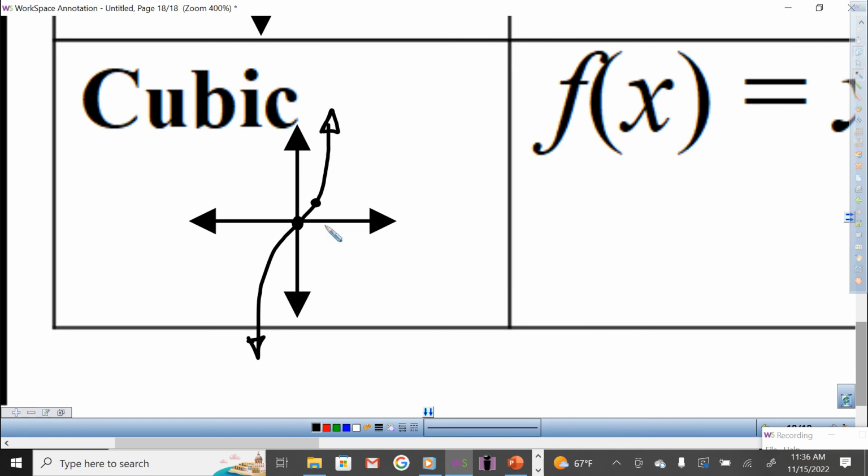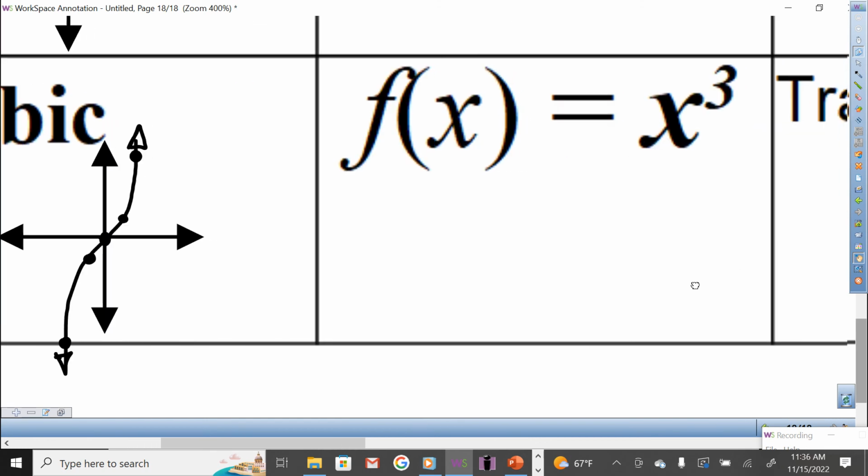How do we get this curve all the way up here? Well, this is 0, 0, 1, 1. Check this out. 2, 8. Because 2 cubed is 8. Then negative 1, negative 1, negative 2, negative 8. That's my cubic function. What does it look like in function notation?